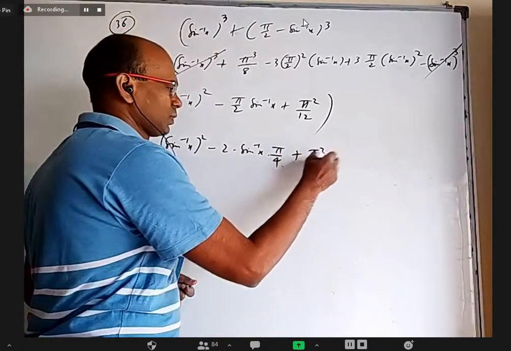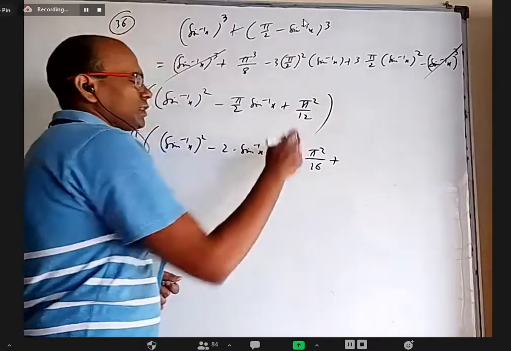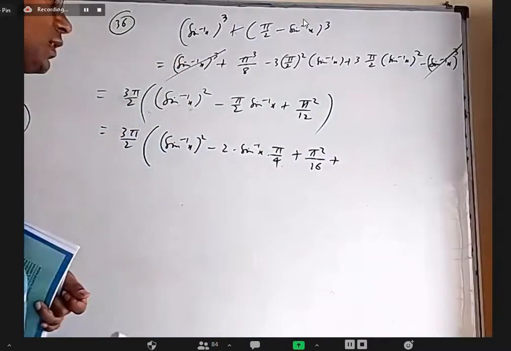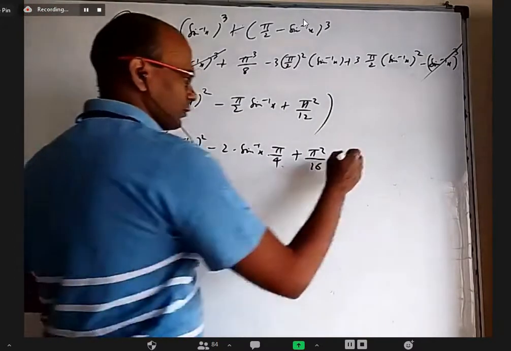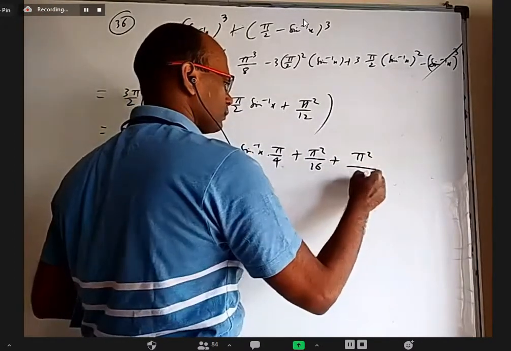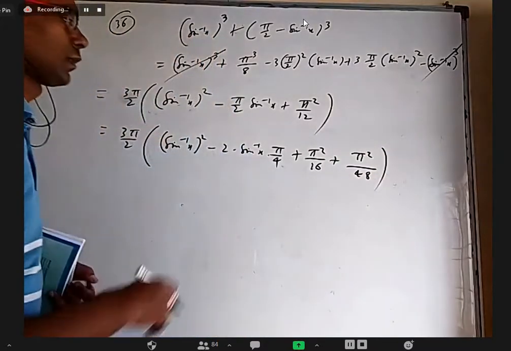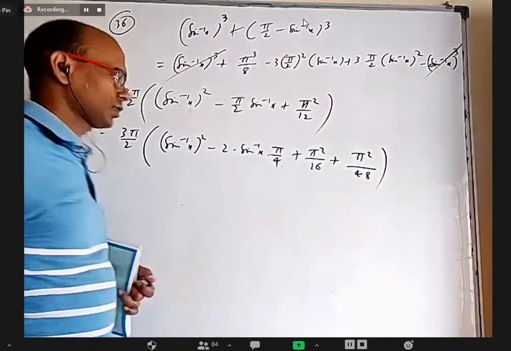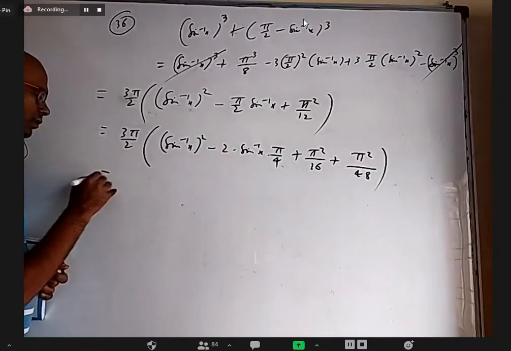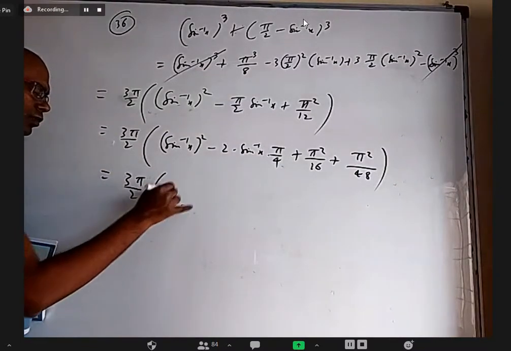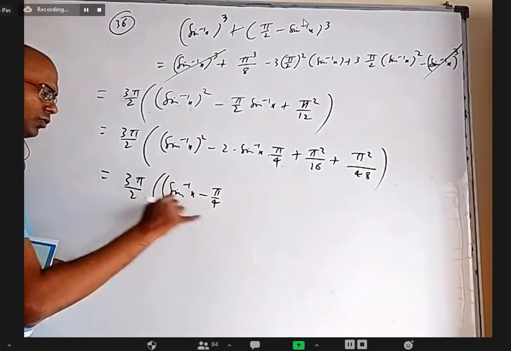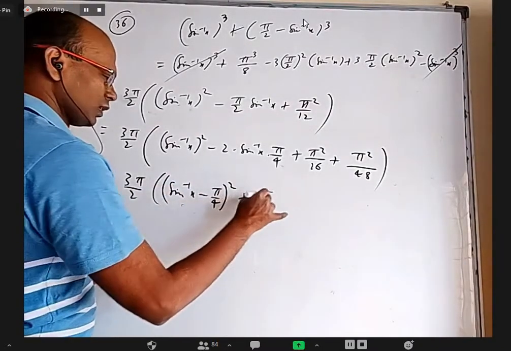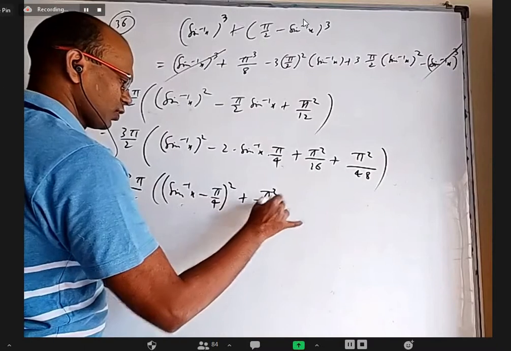So pi square by 16, and to write this as pi square by 16 plus something else, it is pi square by 48. Now this is a perfect square. 3 pi by 2 into sin inverse x minus pi by 4 whole square plus pi square by 48.